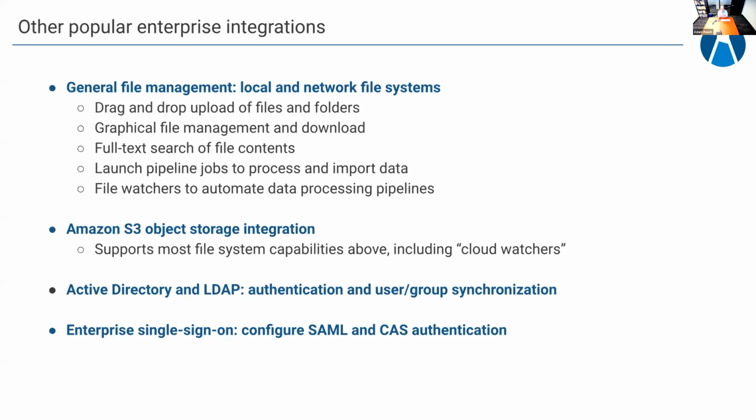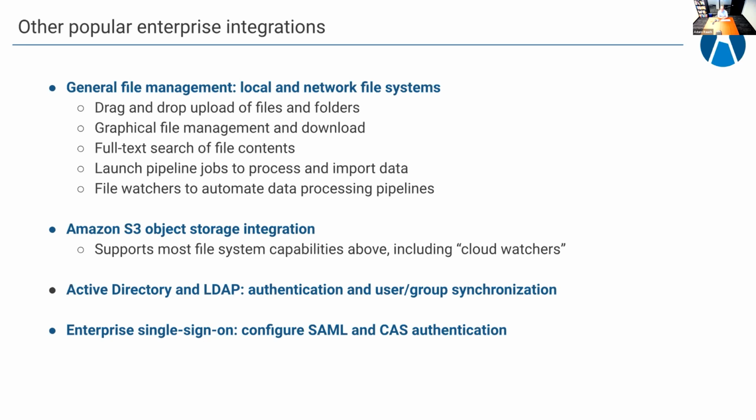You can manage them via the user interface, both downloads and uploads. Every file that LabKey has available to it will be indexed for full text search. Pipeline jobs can be launched on these files to process and import the data. And we've talked about file watchers.